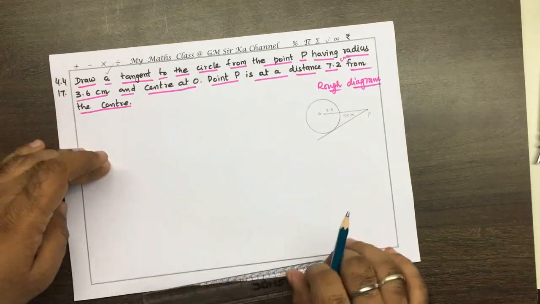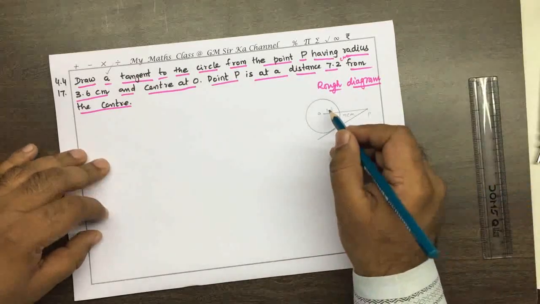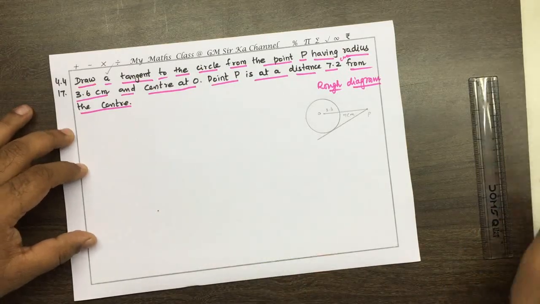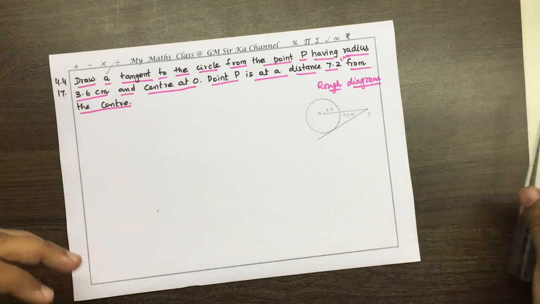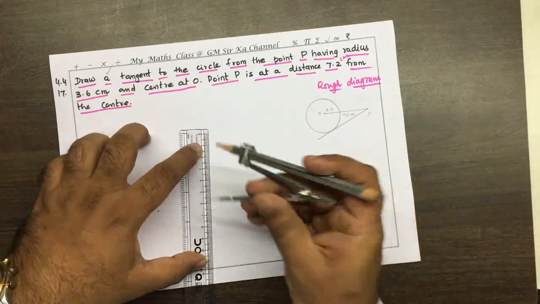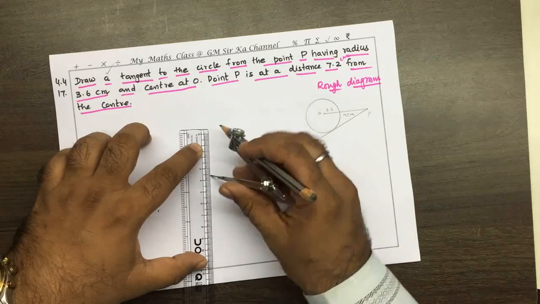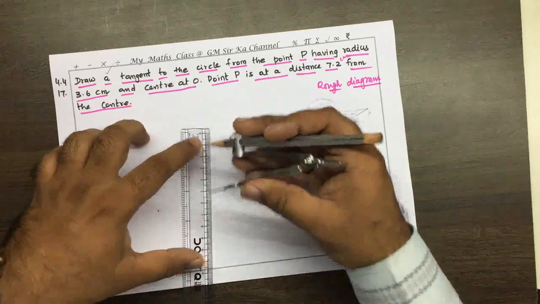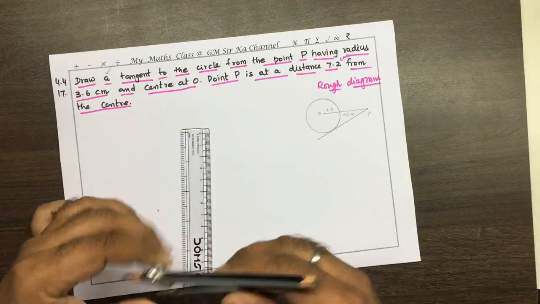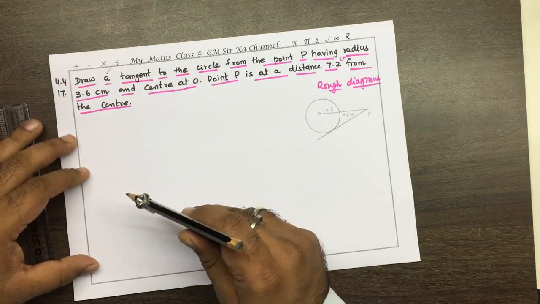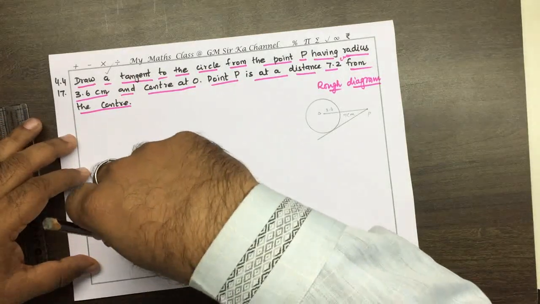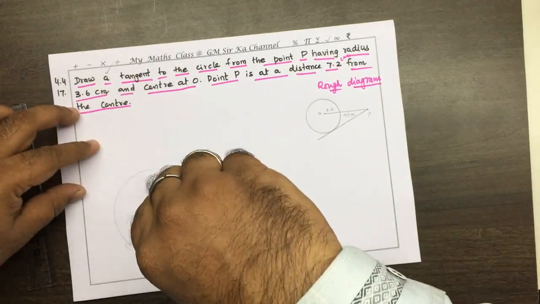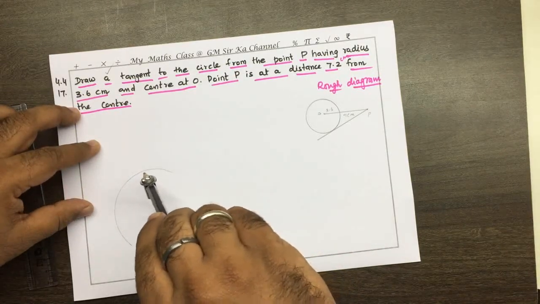So first of all, we must draw a circle of radius 3.6. Let this one be the center of the circle. In the compass, let us take the radius 3.6. Clearly we can see it is 3.6. So from the center we draw the circle of radius 3.6.